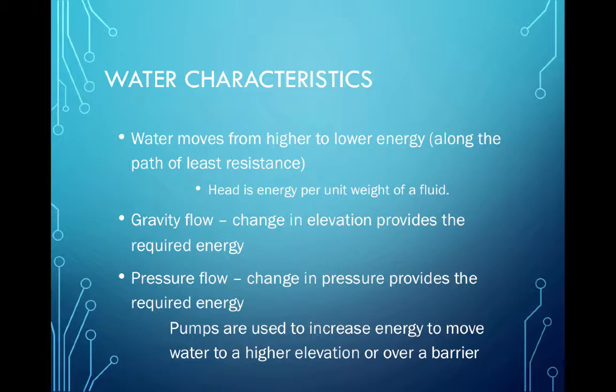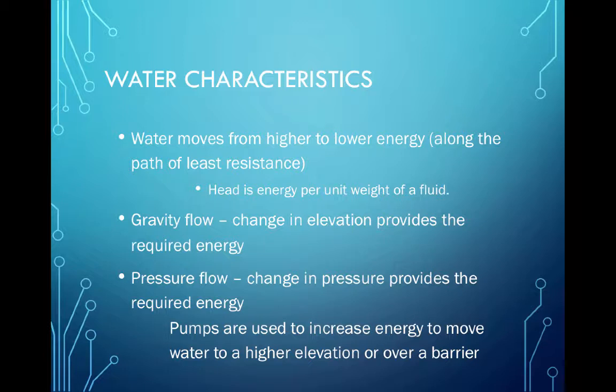that liquid has. There's gravity flow systems where the change in elevation is what provides the working energy to move things from one location to another, as well as overcome friction. And then pressure flow is where the changes in pressure provides the required energy to move material from one location to another and or overcome friction.